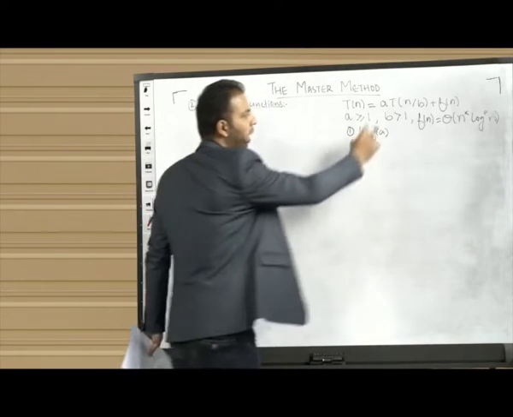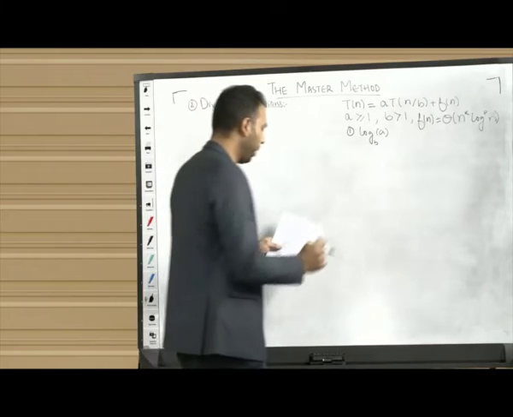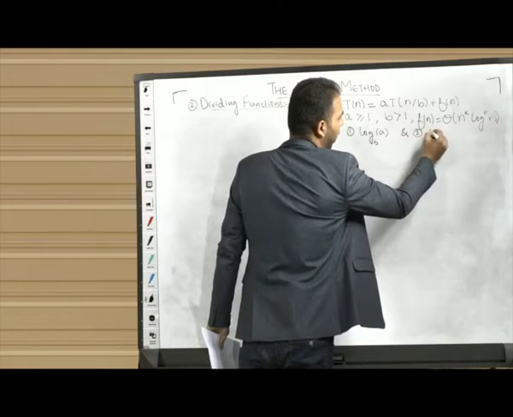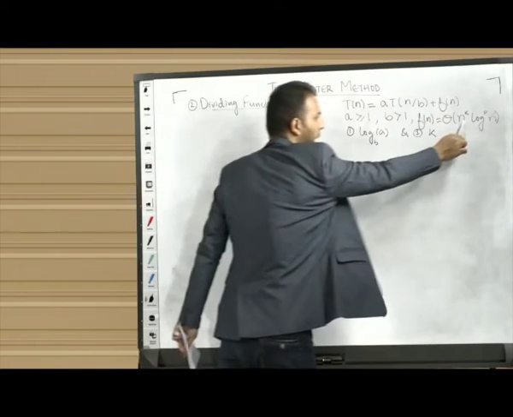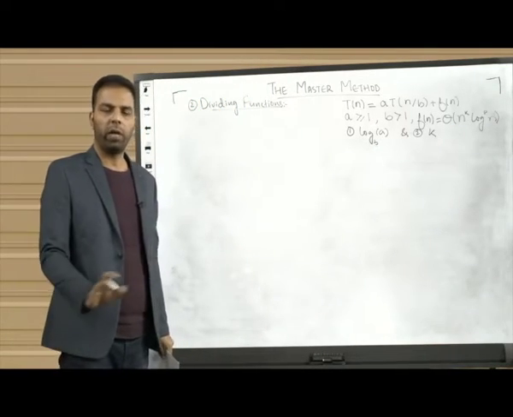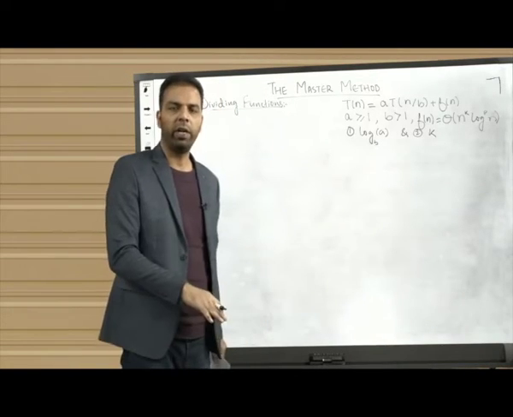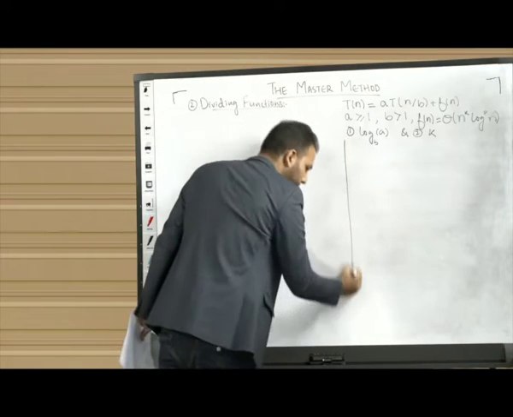We have to find log a to the base b. And the second thing that you have to see is k, that is this k in n raised to power k. These are the only two things that you have to calculate initially, and depending on these two things, we can generate different cases. So I'll write down the cases over here.